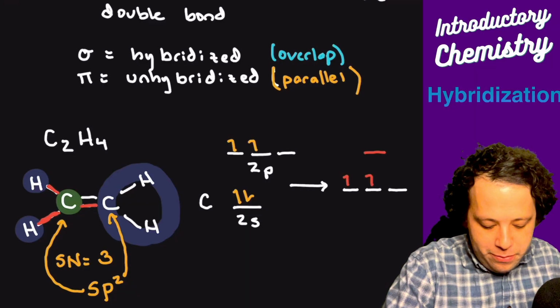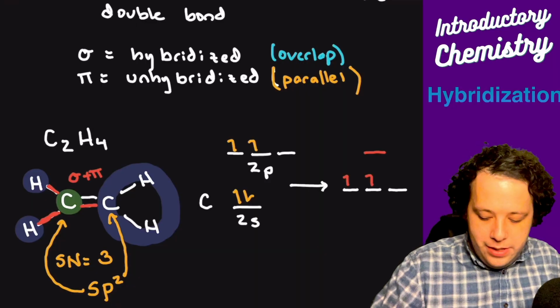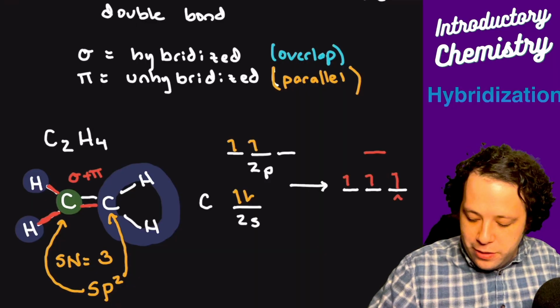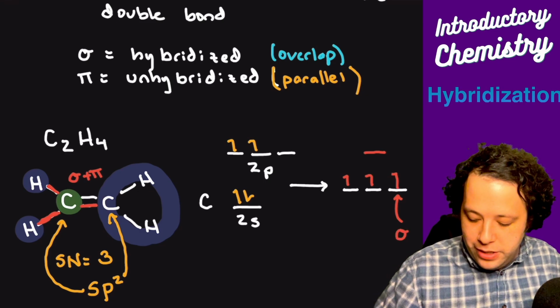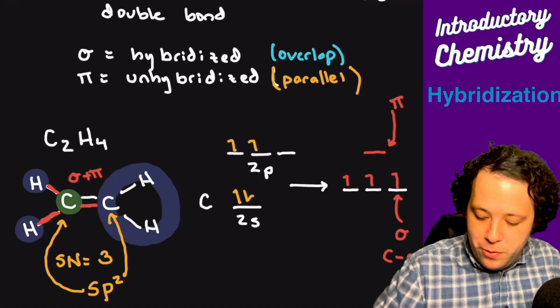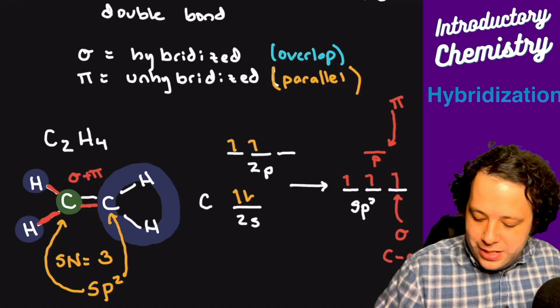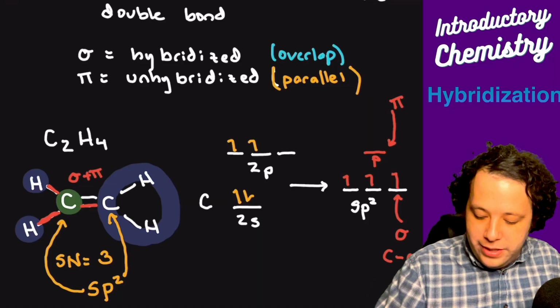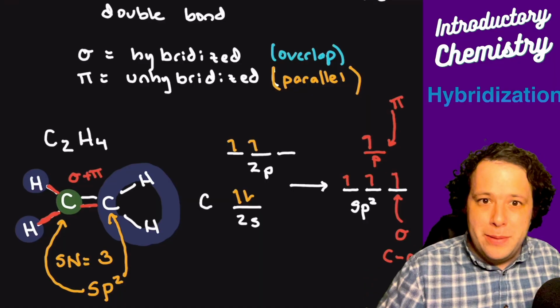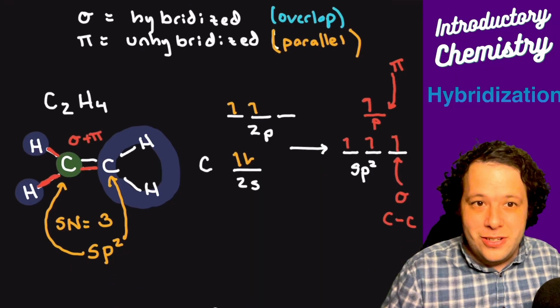And out of the double bond, remember, it's sigma plus pi. So one of those is reserved for the sigma portion of the CC bond. The other one, this unhybridized one, is where your pi bond is going to go. Okay, this is where it gets a little tricky. 1 electron is going to be shoved all the way up to the top, reserved for doing the double bond on the structure.